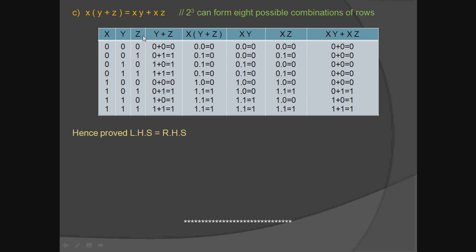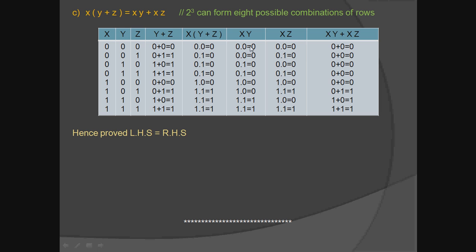First we evaluate this y plus z. When y is 0 and z is 0, we have 0 plus 0, 0. I'm sure that by now you have figured out how this works, right? After that, we multiply the result of this with x, so we get these values.